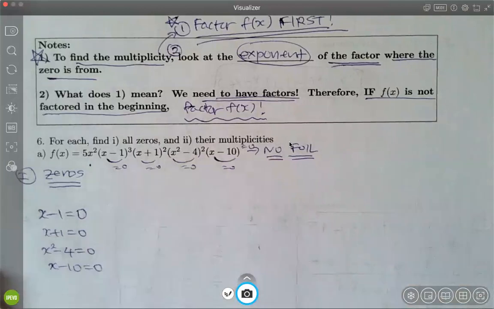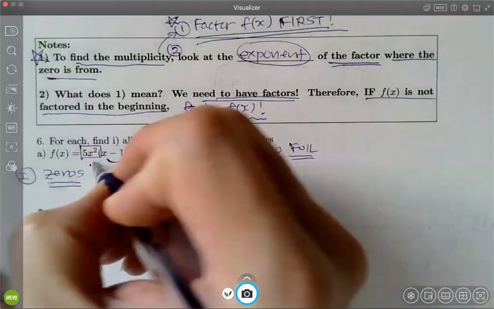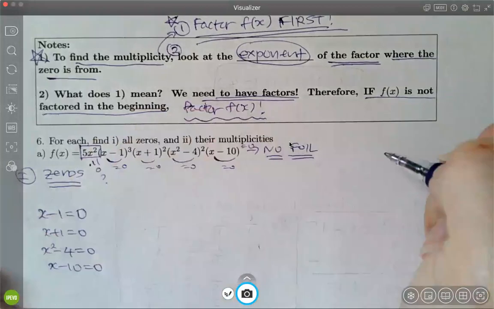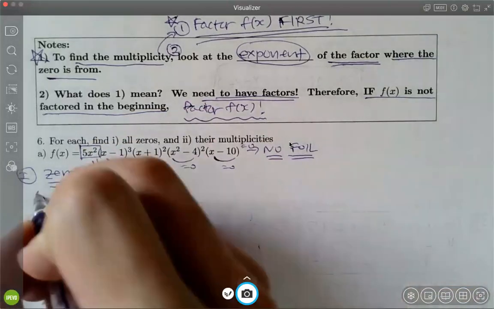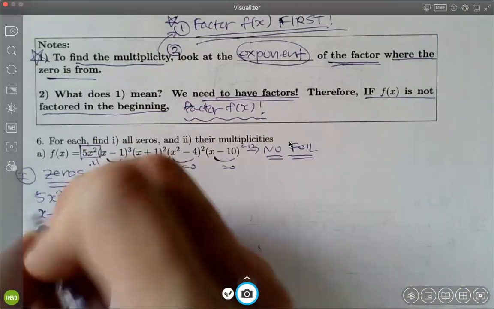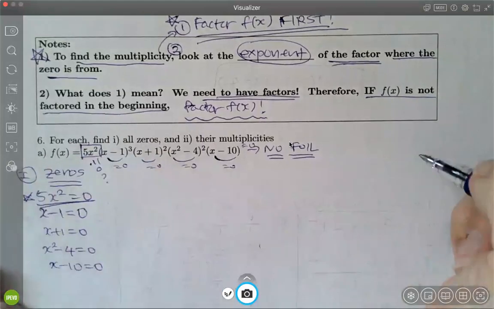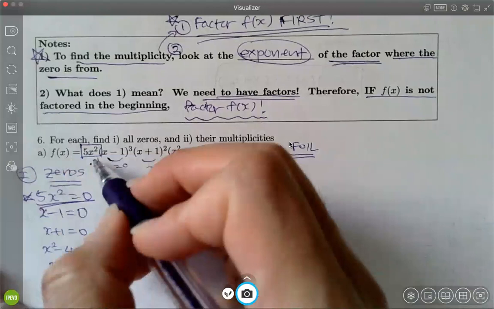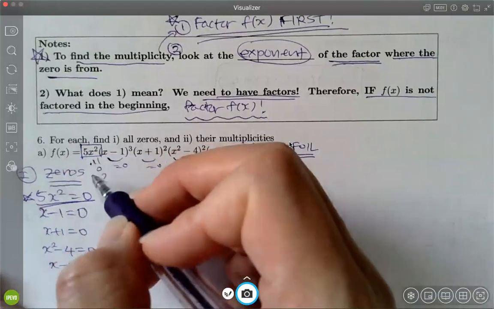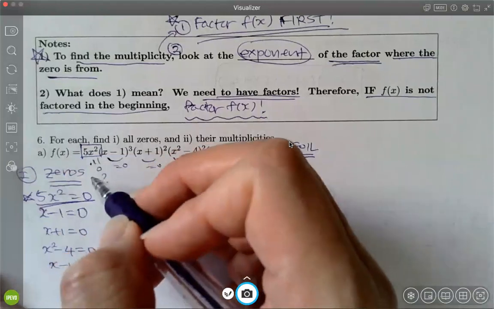Okay, now here is my question. Do we set that equal to 0 as well? And the answer is yes, we do. Why? Because even though this 5x squared is not within the parentheses, what is the important thing here?